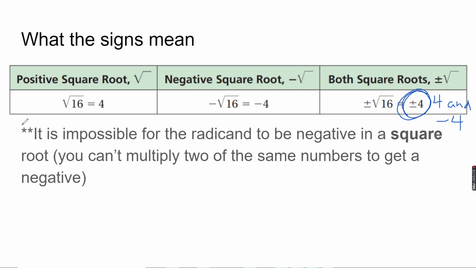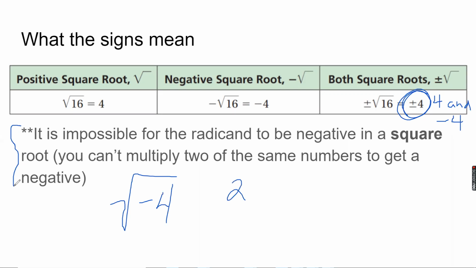And then just so you know, this is kind of important. It's impossible for the radicand to be negative in a square root. And that's because you can't multiply 2 of the same number and get a negative. So if I said the square root of negative 4, that's impossible.